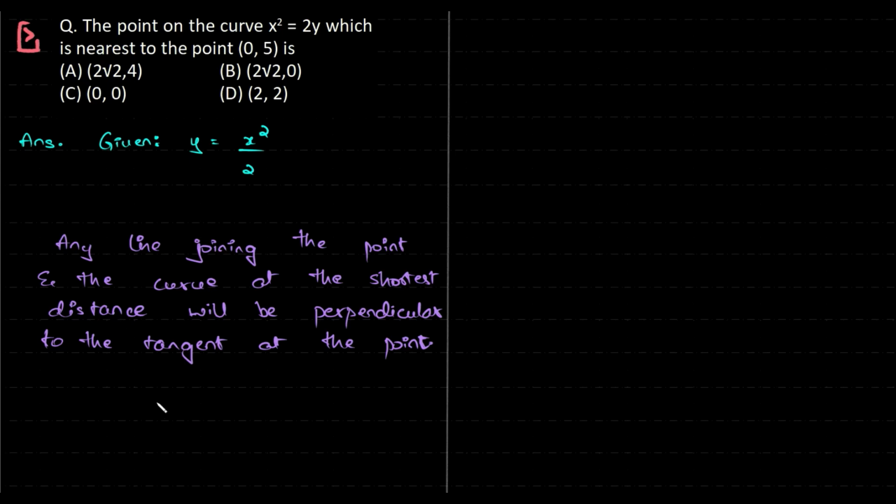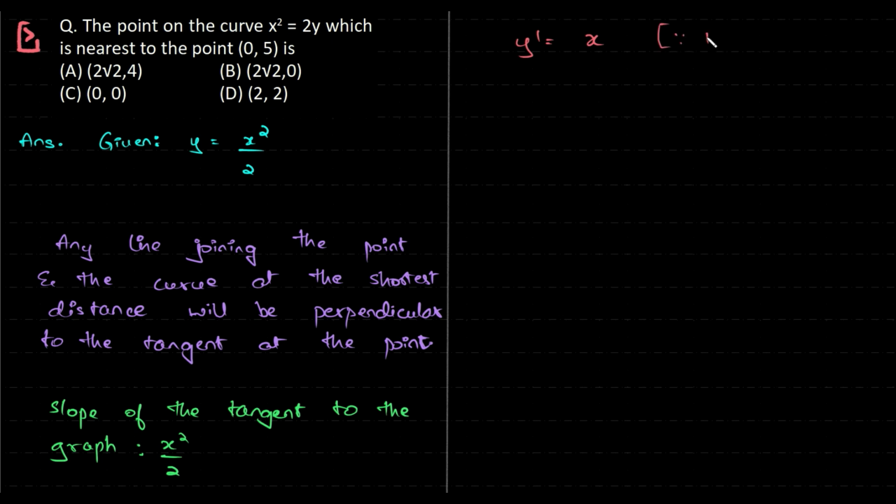So let me do it mathematically as well. After writing the statements, the slope of the tangent to the graph x square by 2 is nothing but y prime is equal to x, by taking the derivative of y.